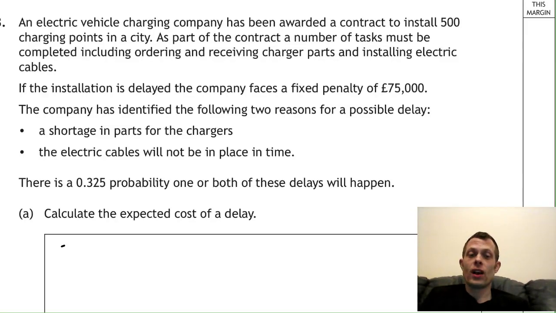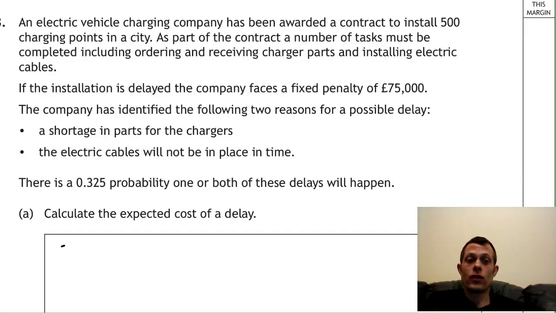So we have this idea of control measures. There's this penalty that the company may have to pay, and they can avoid this penalty happening by preventing one or two of the causes of the penalty.